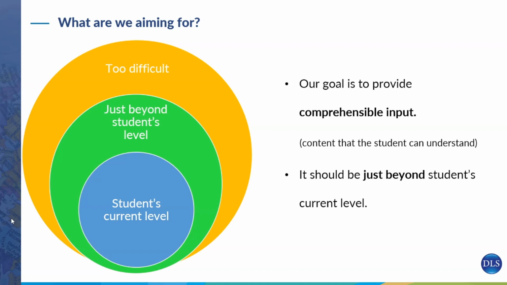So we are aiming to provide comprehensible input to the students. Comprehensible input is content that the student can understand. So we have the student's current level located here in blue, and we want to push and challenge them just beyond what they can do into that green space, into the I+1.